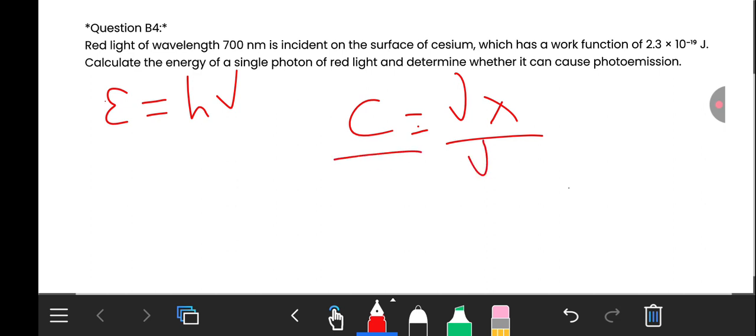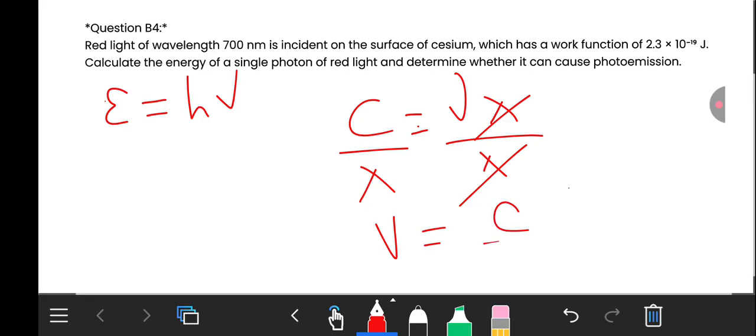So we can divide by wavelength on both sides. What we are going to have is frequency is equal to speed of light over wavelength. So we can substitute there to say frequency will be equal to speed of light over wavelength.